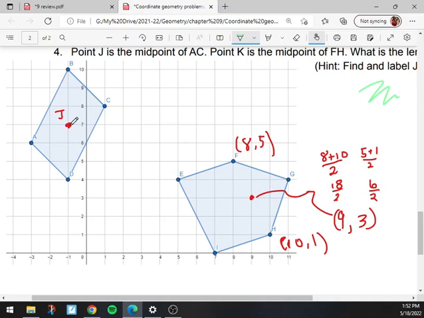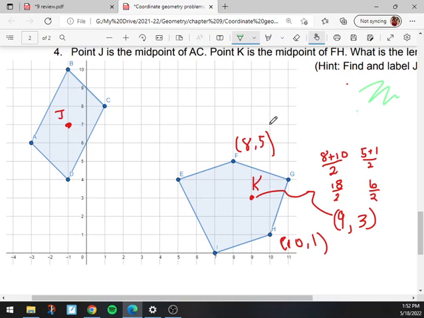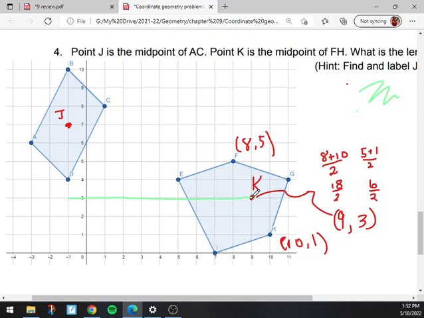It wants to know the distance from J to K. So you could use the distance formula. You also could go and say, well, I look along here, and that is 1, 2, 3, 4, 5, 6, 7, 8, 9, 10 spaces.